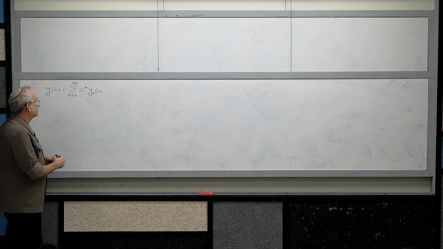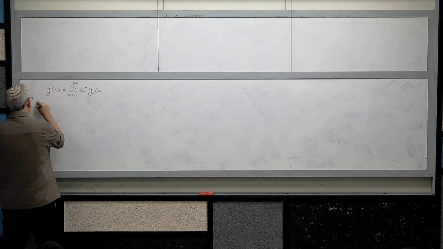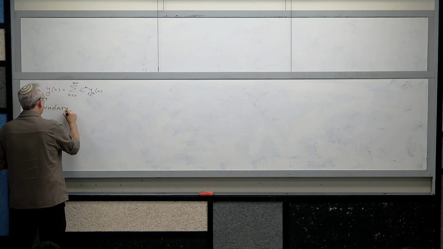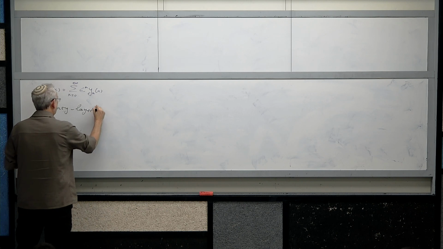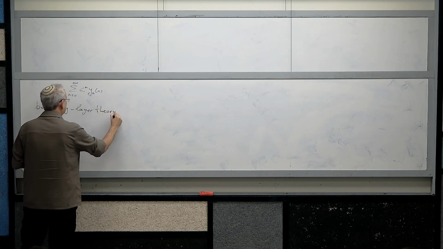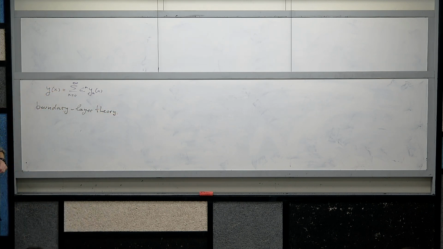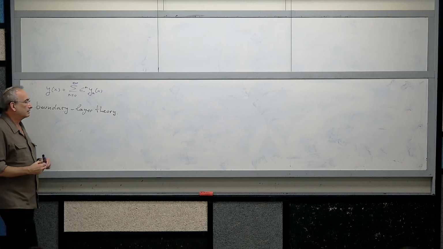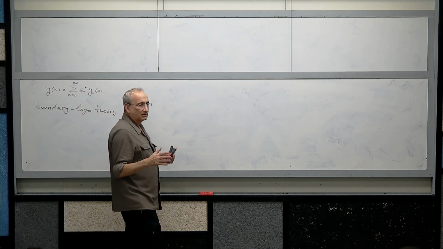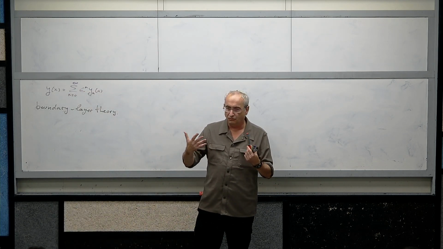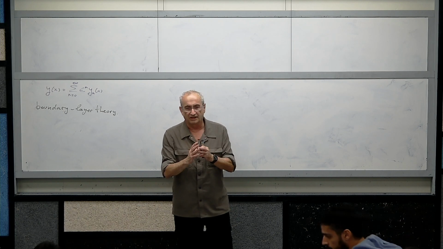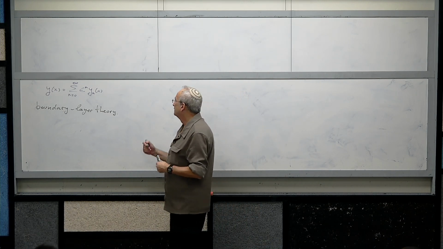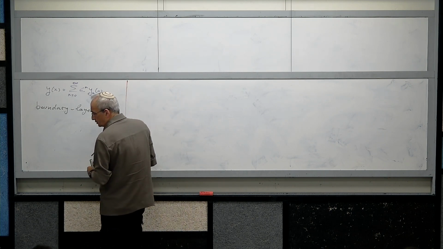So for the moment today we are going to speak about boundary layer theory. And as an introduction for the boundary layer theory, let's consider a solvable case. Because it's solvable, it may help us explain what is going on here. So let me consider the following equation.